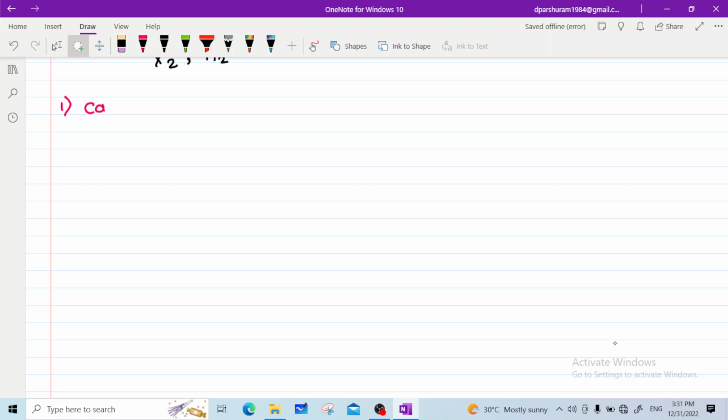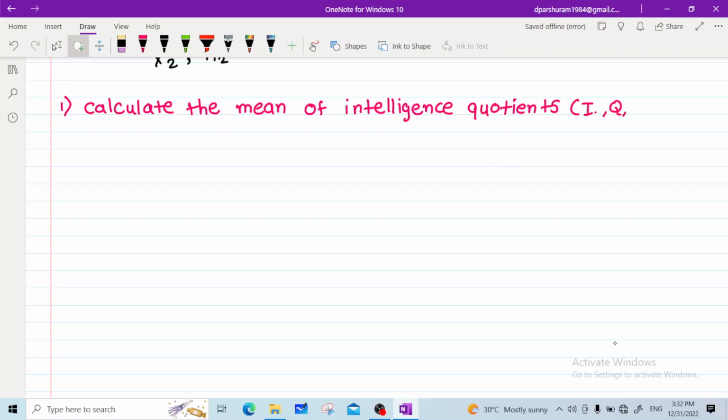Here in question, calculate the mean of intelligence quotients, that is IQs, of 10 students.